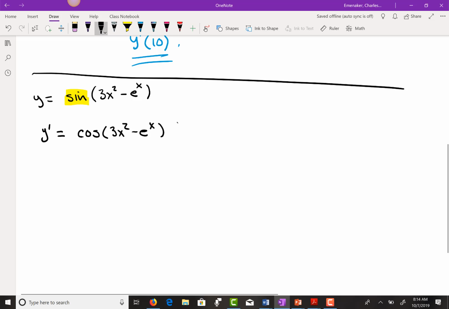Then you take that whole thing times what? Derivative of the inside. You got it. And the derivative of the inside is 6x minus e to the x.